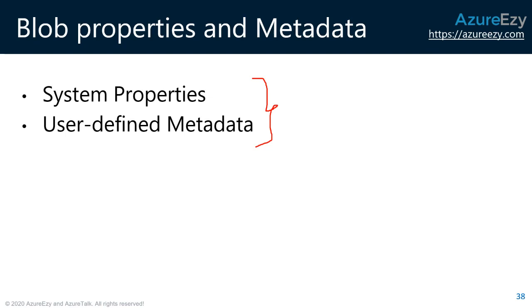The Azure Storage Client Library for .NET maintains these properties for you. And user-defined metadata consists of one or more name-value pairs that you specify for a blob storage resource. You can use metadata to store additional values with the resource. Metadata values are for your own purpose only and do not affect how the resource behaves.